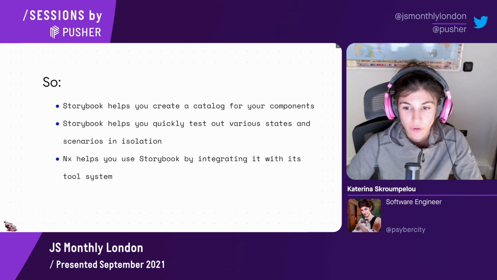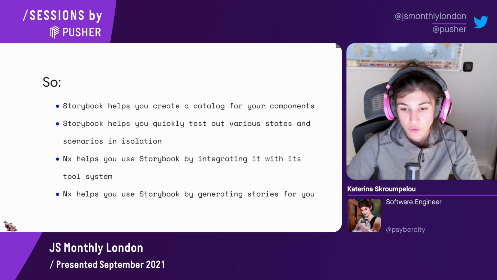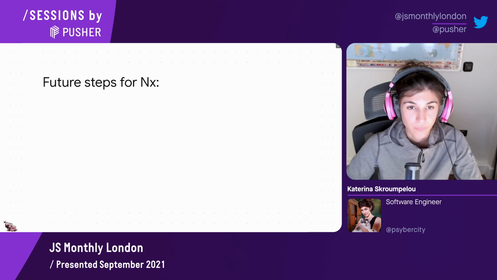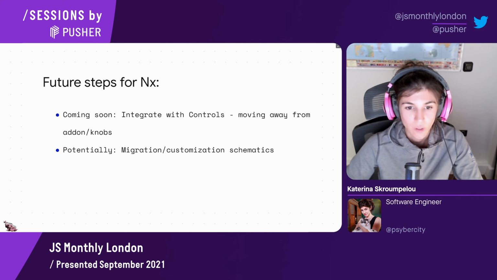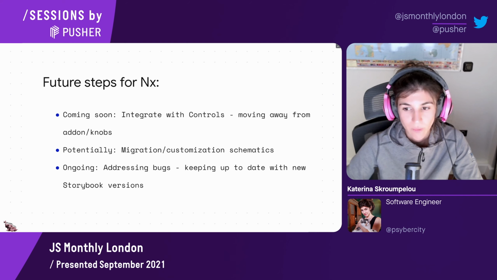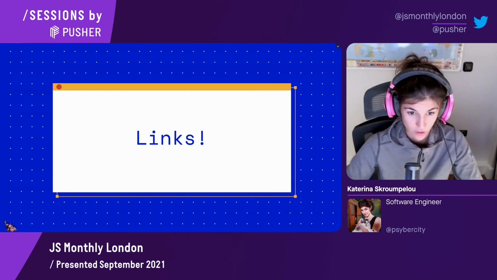Nx helps you use Storybook by integrating with this tool system. And Nx helps you use Storybook by generating stories for you. Yeah, these features for Nx are a bit outdated, but the thing that we always want is to add more migration and customization schematics. And we're already always addressing bugs and keeping up to date with new Storybook versions.